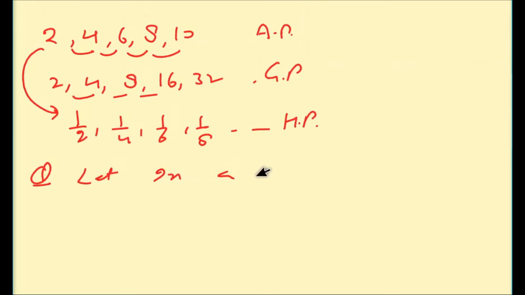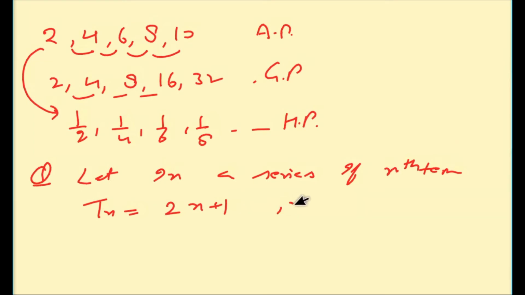Okay, let in a series, I don't know or you don't know the name of the series. So only a series is given. You don't know the name, I don't know the name. What is the series? If Tn means the nth term, Tn is given this way, 2n plus 1, where n belongs to natural numbers.